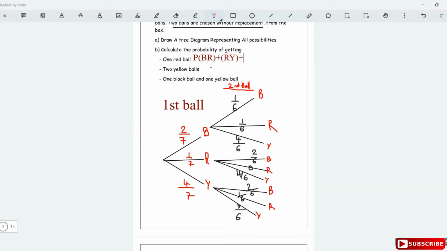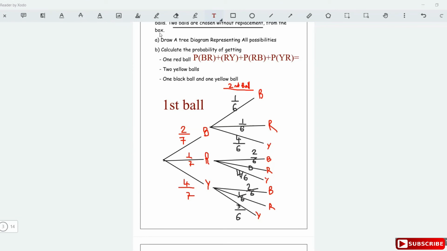You can get a black and a red and a yellow. Those are the possibilities. Or the probability of getting a red, then a black, plus the probability of getting a yellow, then a red. That would be it. So nice, let's work that out.